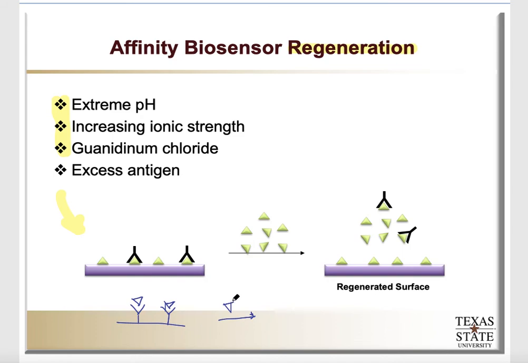Now, another thing that I could do is actually to add more of the antibodies. And if I add more of the antibodies, I can similarly displace my molecule here, because what would end up happening is that my initial surface, which has the antibodies, is going to stay put.